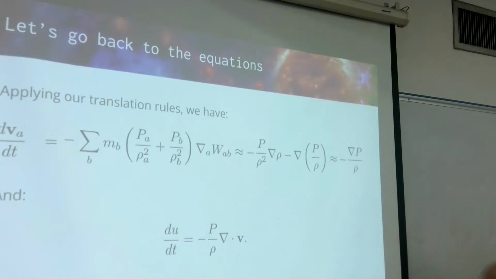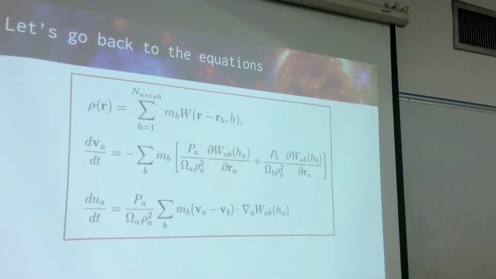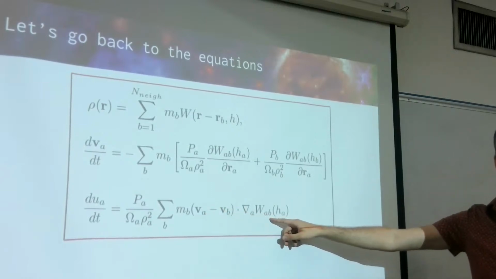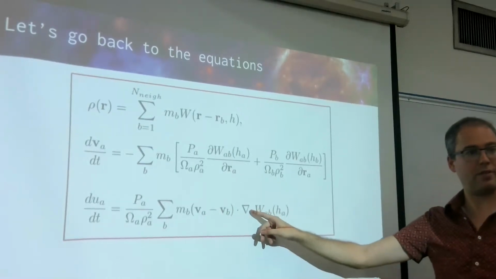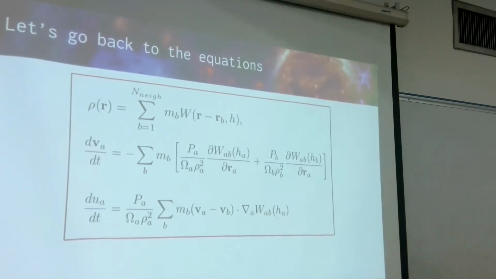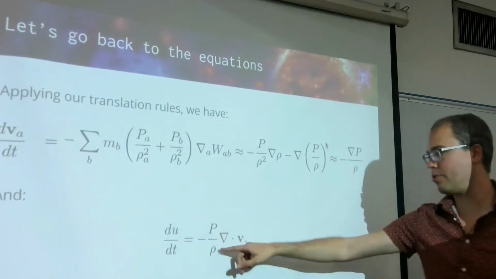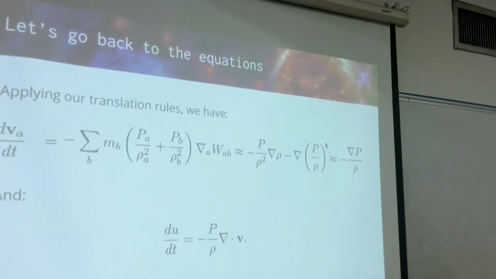And then if I look at the other equation, the one for the thermal energy, what I have is V dot derivative of W. So that should be a div by my translation rules. And indeed, if I do my replacement, I end up with minus P over rho div V.